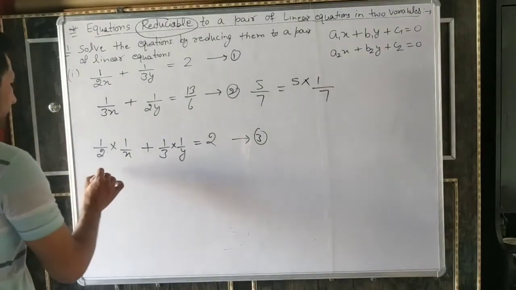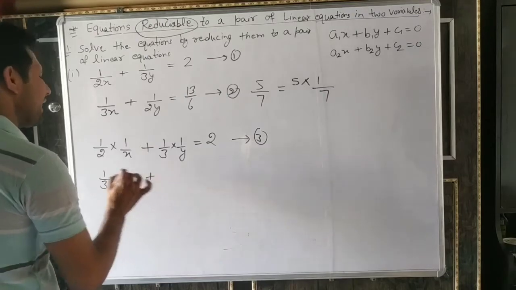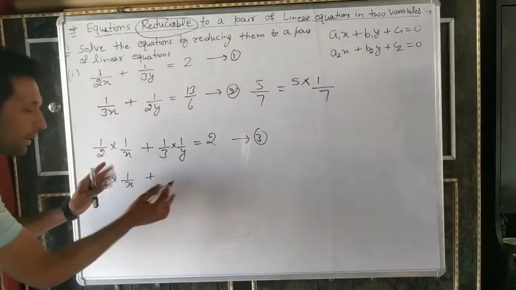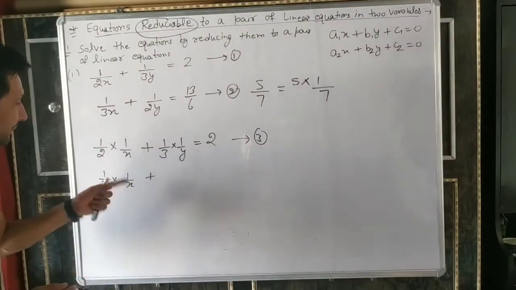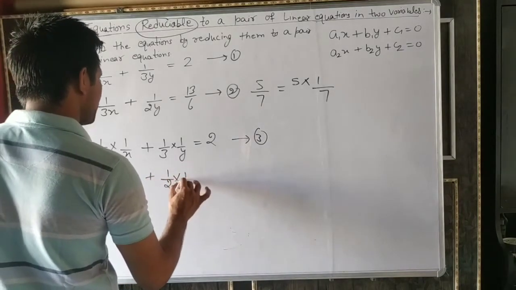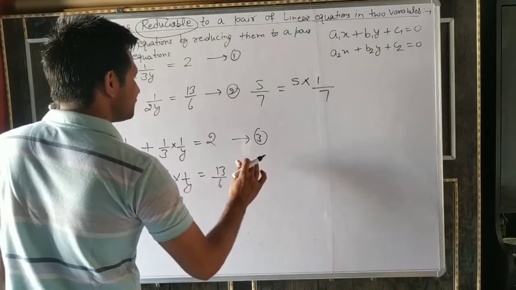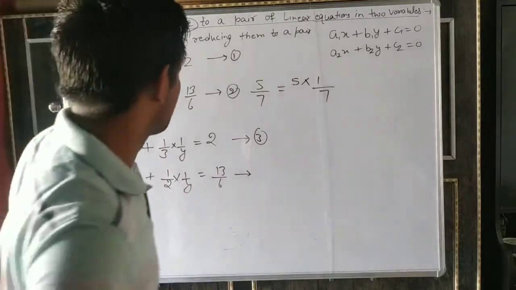In every question we will write variable and coefficient separately in multiplication: 1 upon x plus 1 upon 2 into 1 upon y equal to 13 upon 6. Understand? You can write like this.